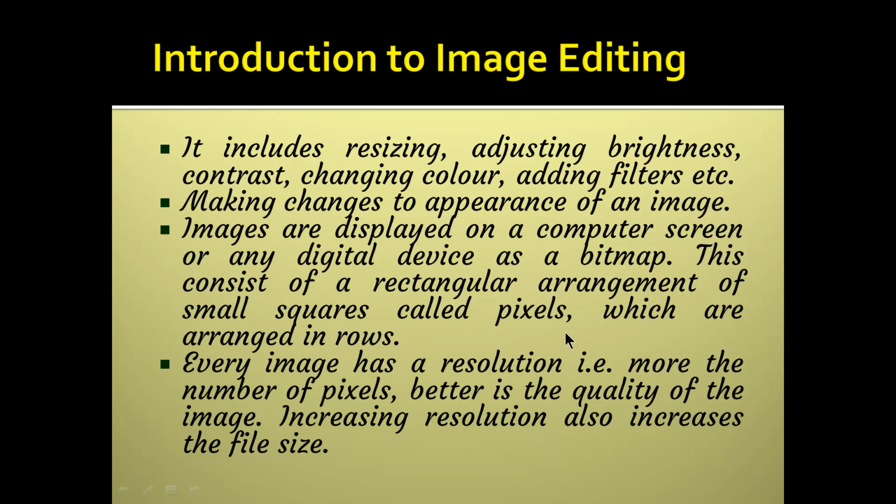The image which will be having more pixels, the dense pixels, that will be of more good quality. Fine. And if the pixels are less, then definitely if we zoom that image, then that will become a blurred one. समझ रहे हैं? The good quality of the picture depends on the number of pixels.